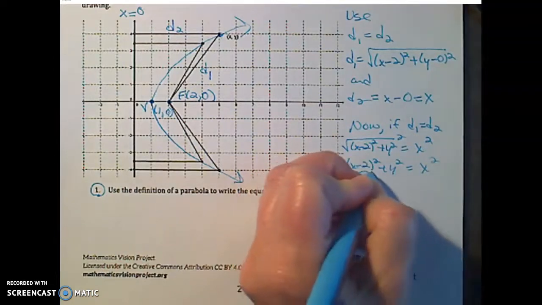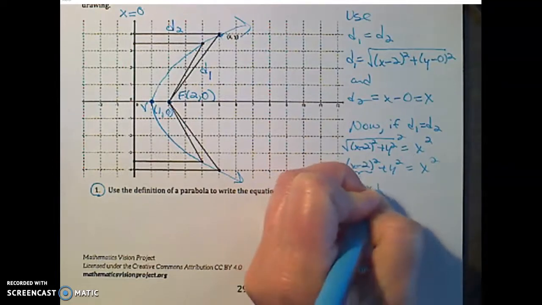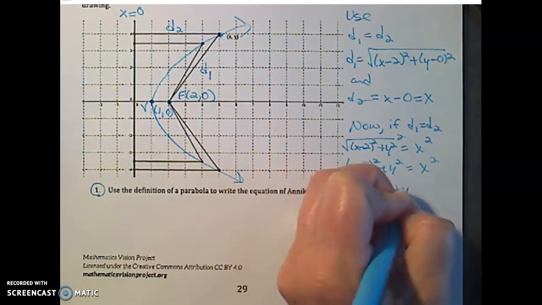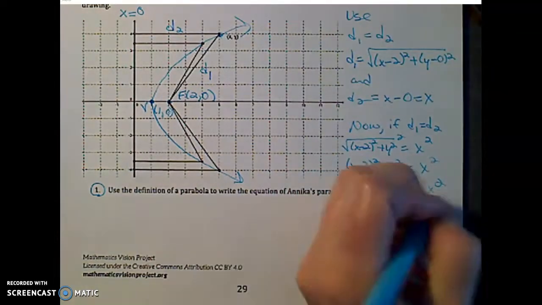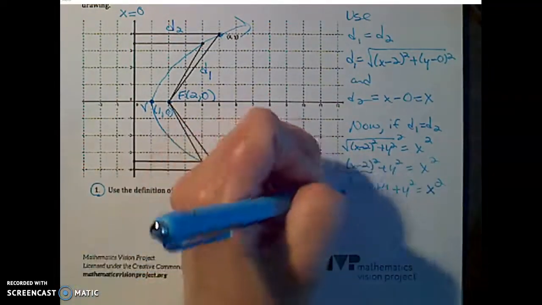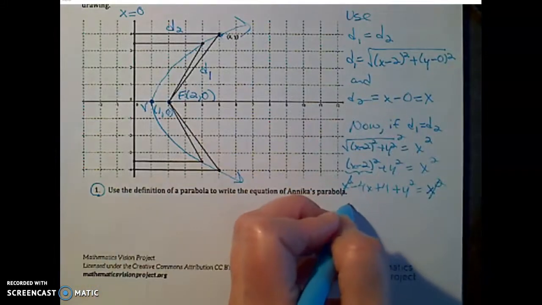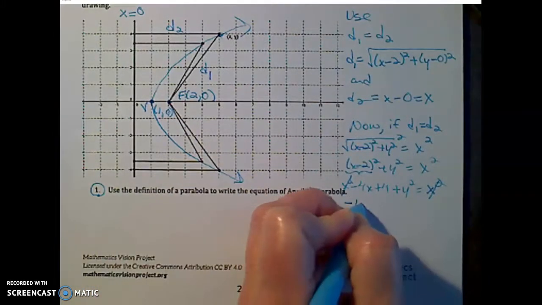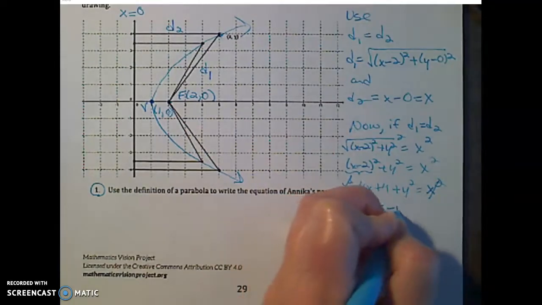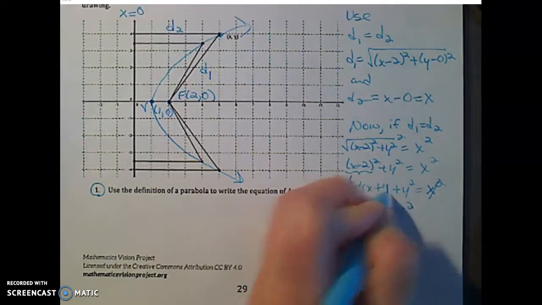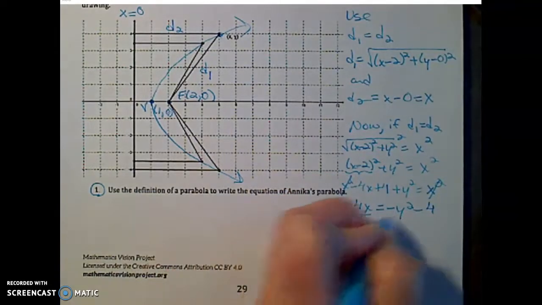If I square this, careful: x squared minus 4x plus 4 plus y squared is equal to x squared. And I'm close to the standard equation. My x squareds cancel out. Now I'm going to isolate the x. Negative 4x is equal to, move over the y squared, negative y squared, move over that 4, minus 4, divide through by negative 4.